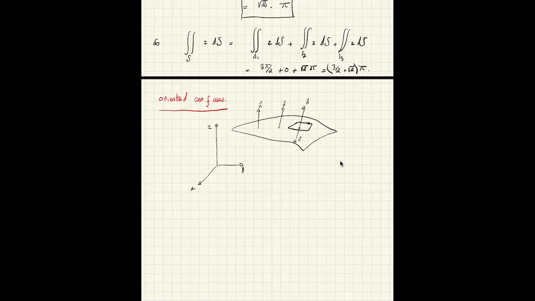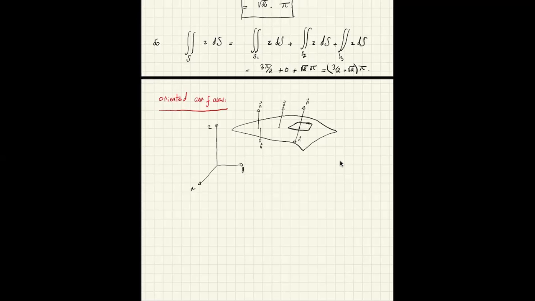But you cannot just decide to change it a little bit. Here's the thing. If you decide that the point just next to this one gets the other normal, this is not going to give you an orientation, because we would like the normal vector to move continuously when you move around.